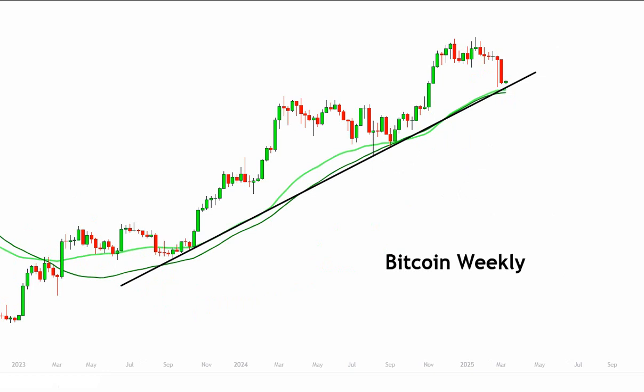If we look at Bitcoin, surprise, surprise, it's at the 50-week moving average. And again, here the lighter line is the EMA, and the darker line is the SMA, and they're both right here, and that trend line is directly below. Now again, I told you before, the previous week we didn't reach it here, and we got that potential bottoming tail.